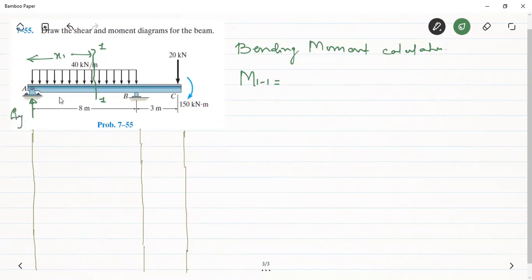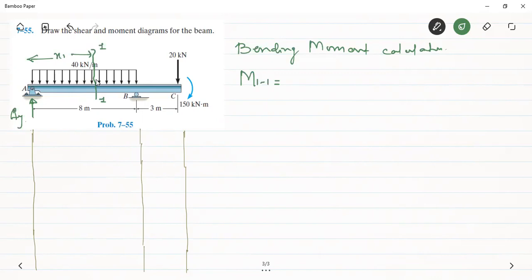We can see that the moments will be created by this vertical reaction, that is ay. Ay will create a moment at section 1 1, plus this moment will also be created by this udl. You can see that this is a udl. This will also create some moment about section 1 1. And as per the sign conventions, if the moment from the left hand side of the section is in the clockwise direction, then it has to be treated as positive.